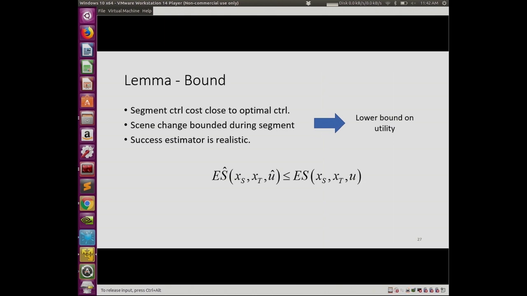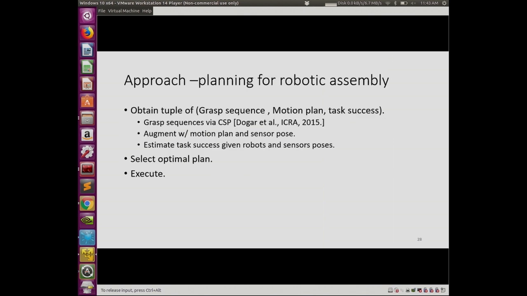We also assume that the scene changes aside from the actuation of our robots are small enough so that the scene is static except for our actions, and that the success estimator, along with its reasoning about collisions and geometry, is accurate enough. Under these assumptions, we're computing a lower bound for the utility of the task, and this is what we wanted to achieve.